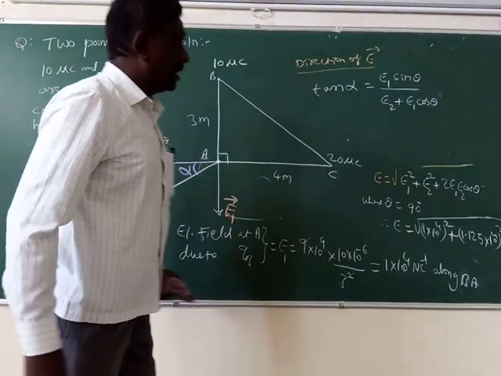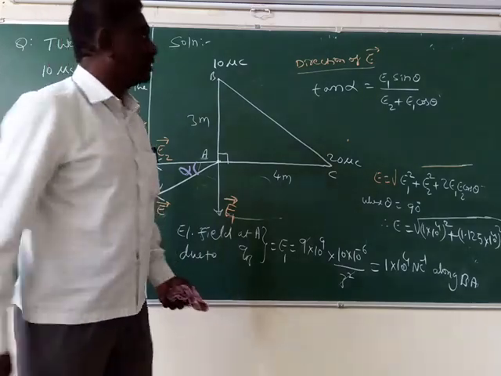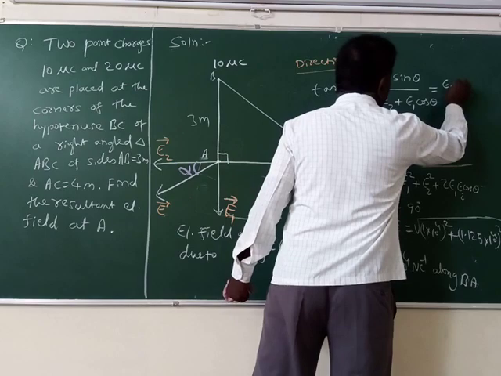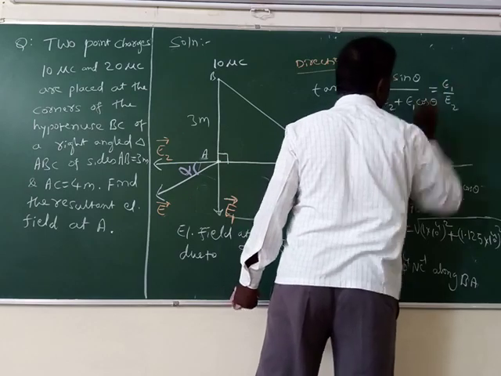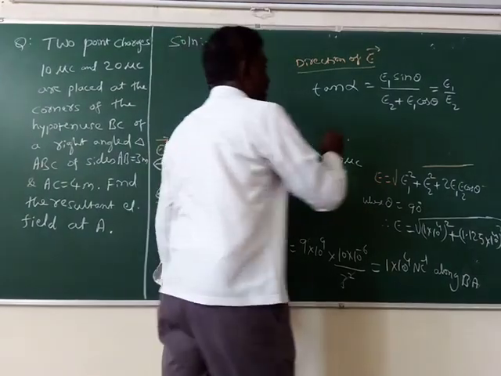Theta here is 90 degrees, sin 90 is 1, cos 90 is 0. Therefore, it is equal to E1 by E2, because theta is 90 degrees.